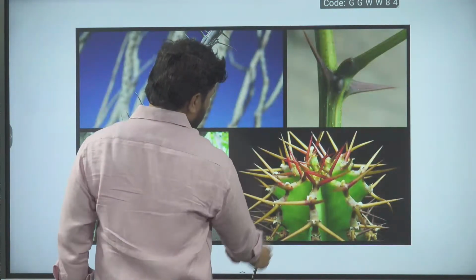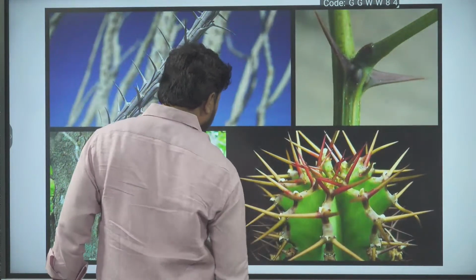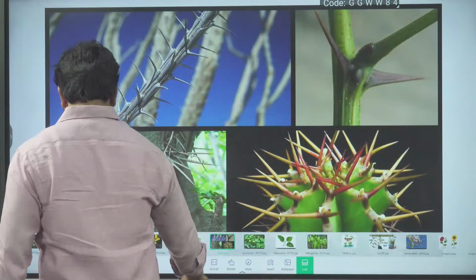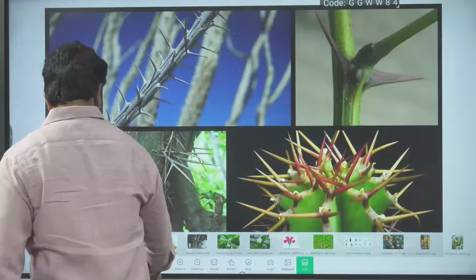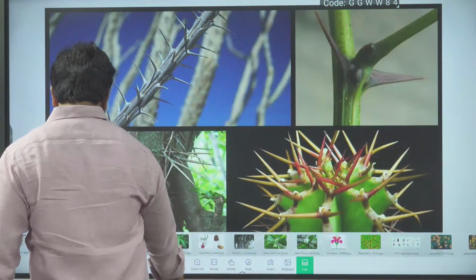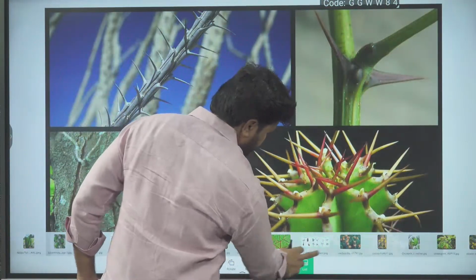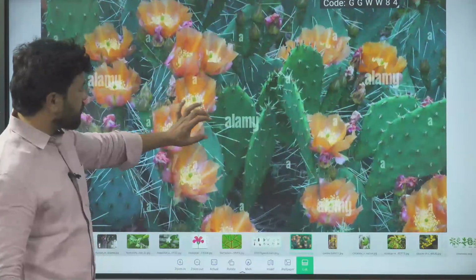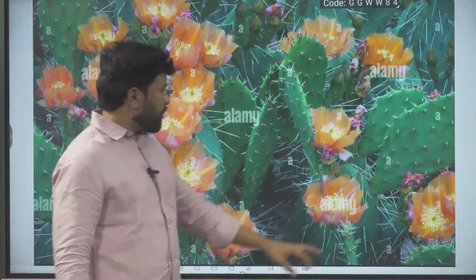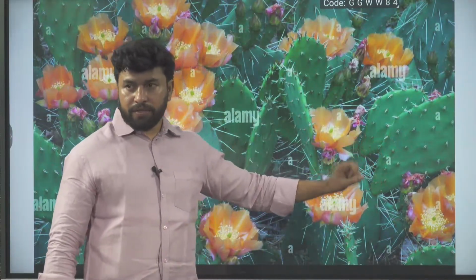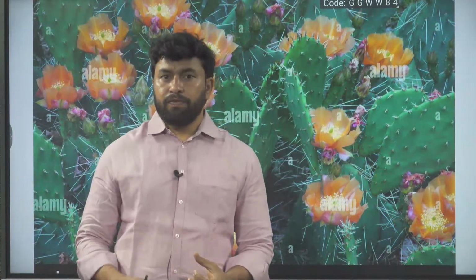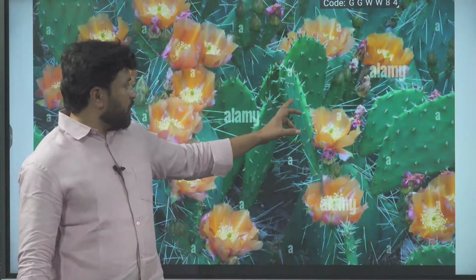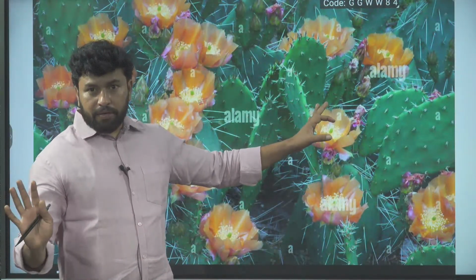Consider that. These are leaf modifications. Especially I will take exactly the cactus. In the cactus, do you remember this modification of stem? We call it phylloclade. In the phylloclade, leaves disappear.